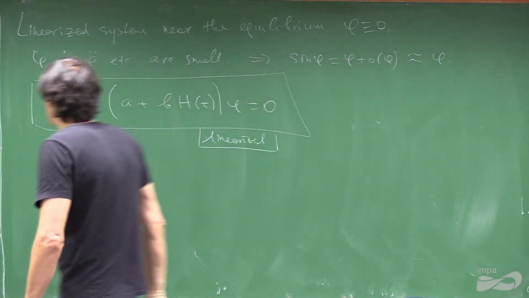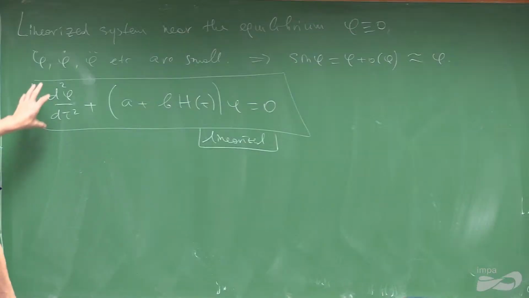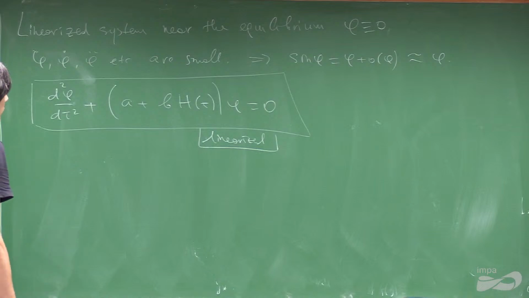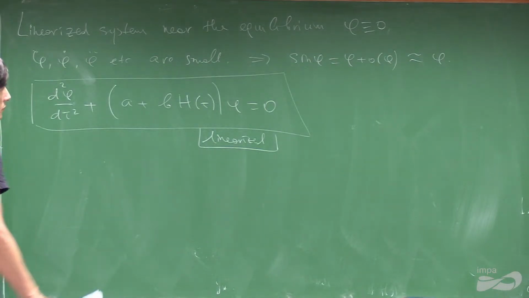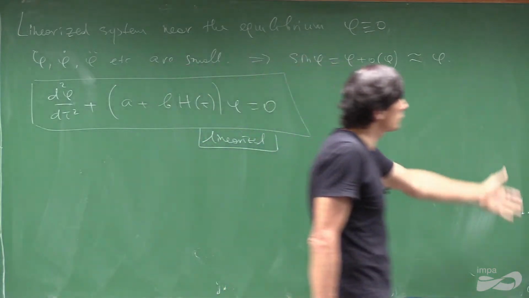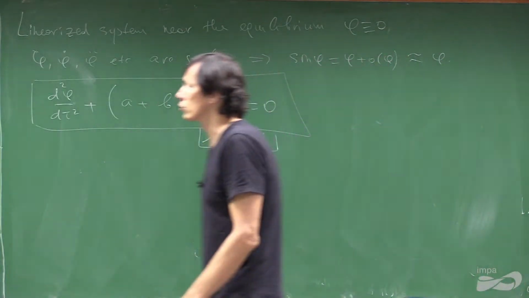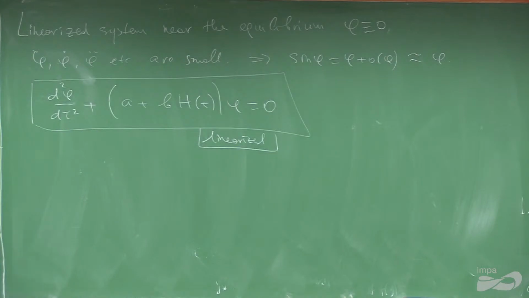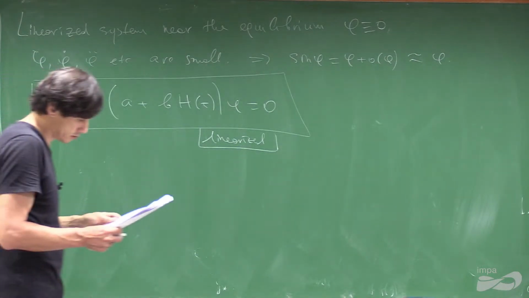Now we know that by studying the linearized system and using this knowledge, we can try to make a conclusion about the nonlinear system, about its stability. And this we will do next class.